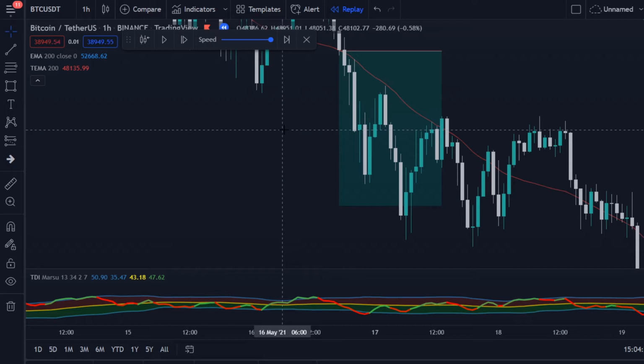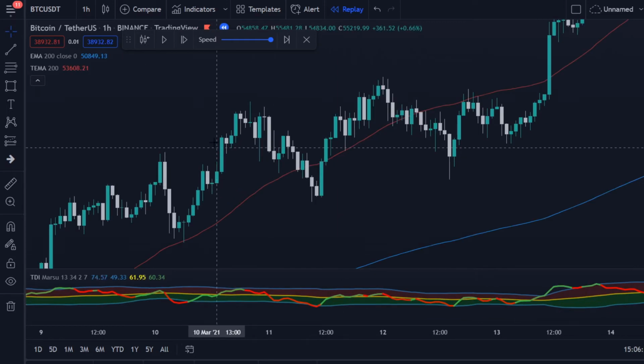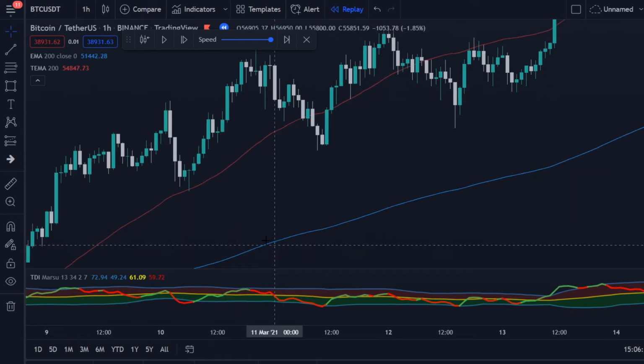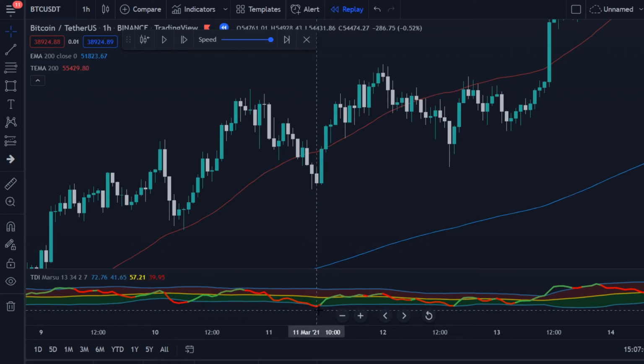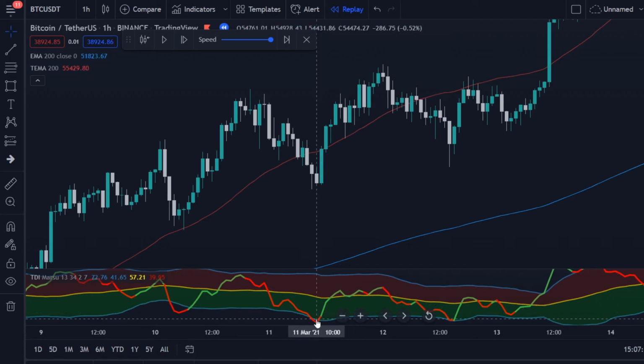Let me show you an example of a buy trade as well. Okay, we have the price above the 200 exponential moving average. As you can see, it drops down and crosses the red line. From that moment we go down, and we see over here that the red line is out of the blue band. As you can see, it is out of the blue band, and then it comes back at this candle.